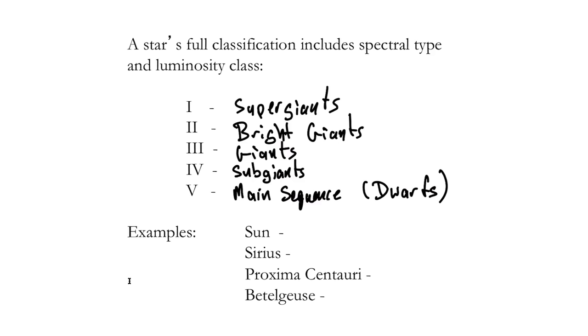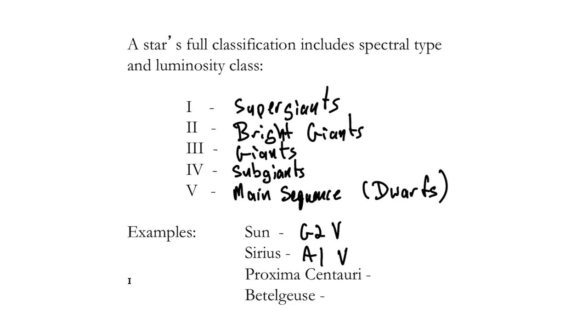So the sun's full spectral classification, we already said that it was a G2 star. That's its spectral class, but we can also include its luminosity class, which is Roman numeral 5. So G2V is the sun's full spectral classification, both spectral class and luminosity class. Sirius, for instance, is an A1 dwarf.